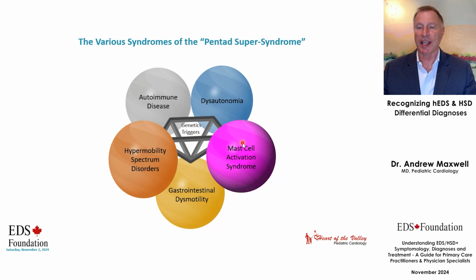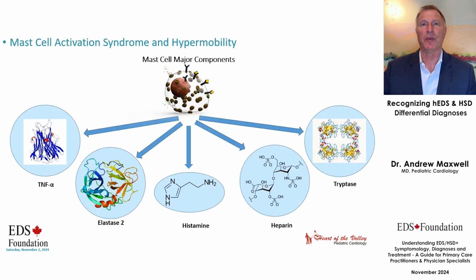And with those 3 together, usually there's a lot of GI dysmotility, gastrointestinal dysmotility. And oftentimes autoimmune disease is associated with these. So these occur so frequently together, they were determined the pentad supersyndrome, and it provides a framework for how other subsyndromes end up attaching to them, as we'll see in a moment.